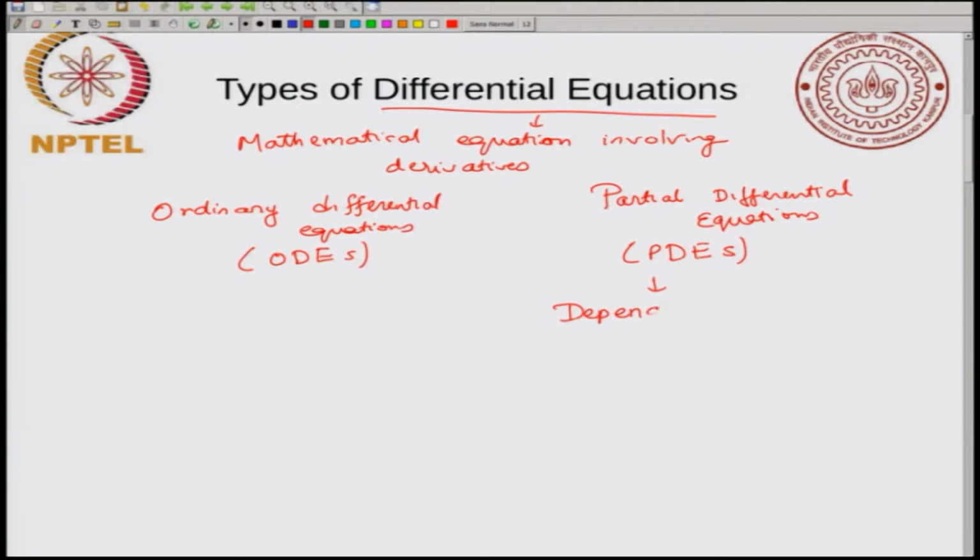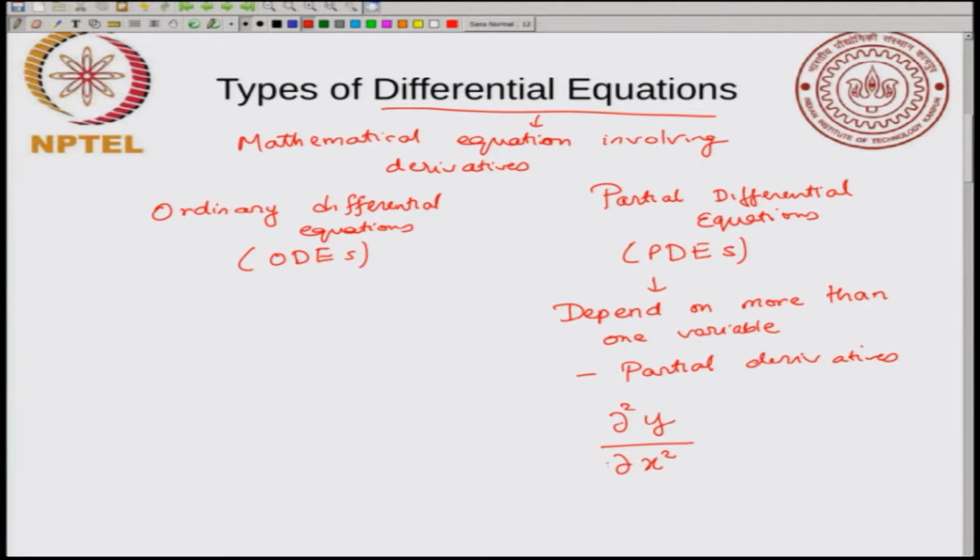They have quantities that depend on more than one variable, and this involves partial derivatives. For example, you can have a partial differential equation that looks like ∂²y/∂x² equal to c² ∂²y/∂t². This is an example of a partial differential equation, involving partial derivatives.